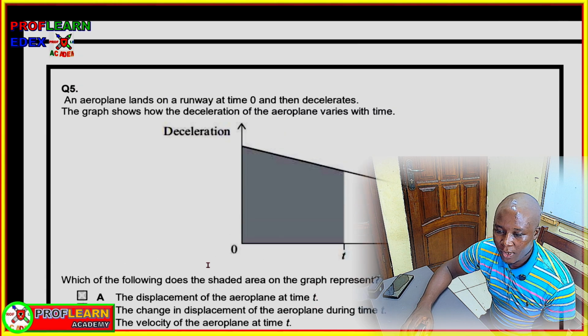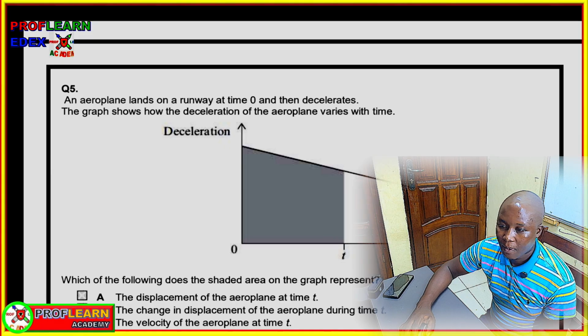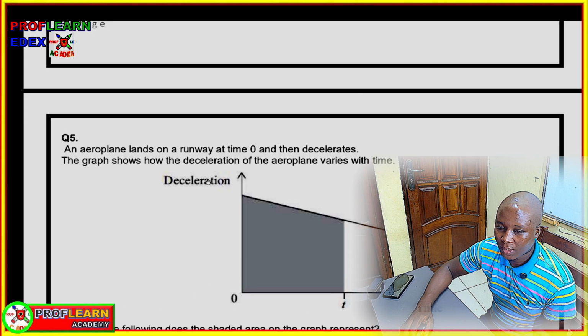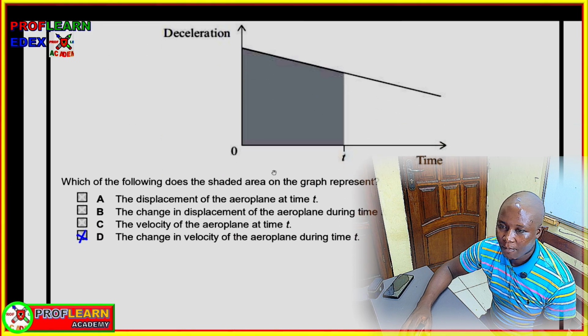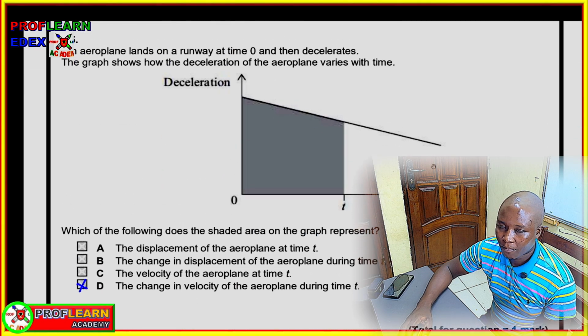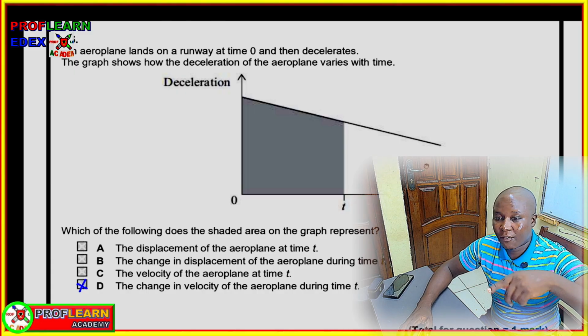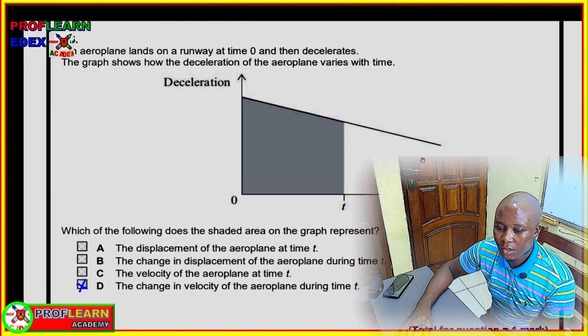Question 5, we are given a question to do with motion graphs: which of the following does the shaded area of the graph represent? The first thing you need to do is identify what is on the y-axis and what is on the x-axis. This is an acceleration-time graph. In an acceleration-time graph, the area under the graph represents the change in velocity.